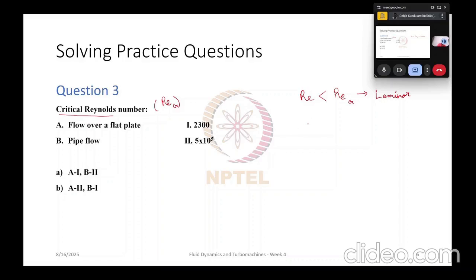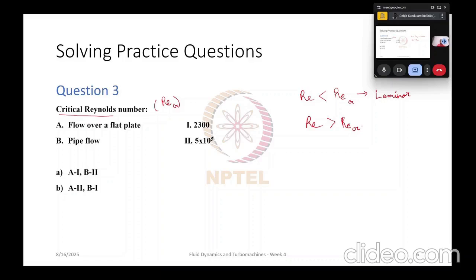Now, what happens if Reynolds number is greater than that? Then it may or may not shift from laminar flow. It's a common confusion that people think if the Reynolds number is above the critical one, it has to be turbulent flow.